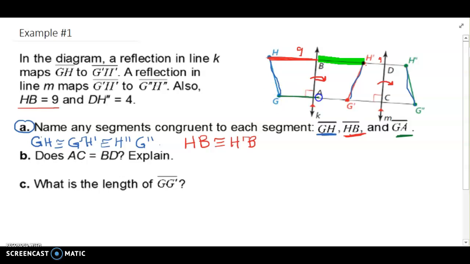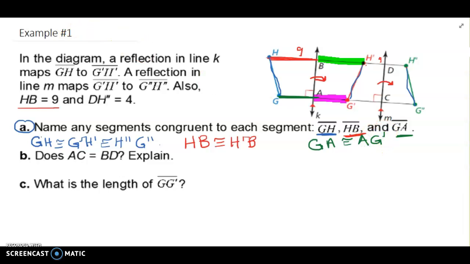So GA is right here. Okay, and we know by the rules of reflections, that means it has to be equal to that. So I'm just going to write GA is congruent to AG prime.